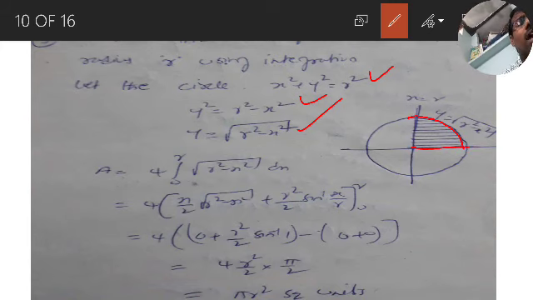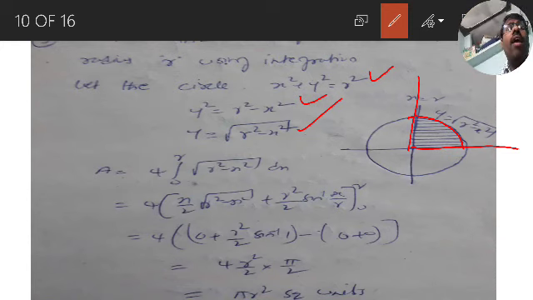And what about this line? This is the x is equal to 0 line. And what about this line? x is equal to r line. x is equal to 0 and x is equal to r.